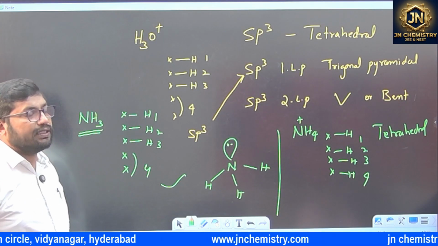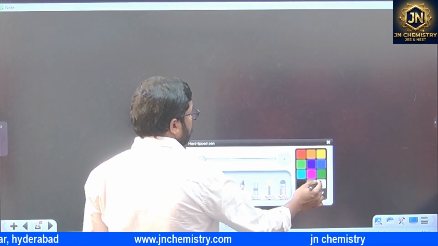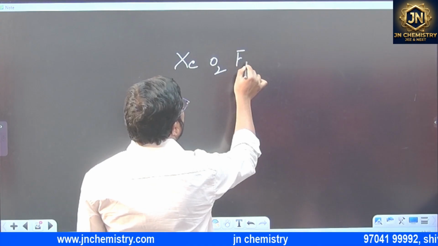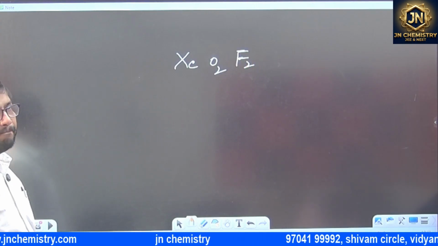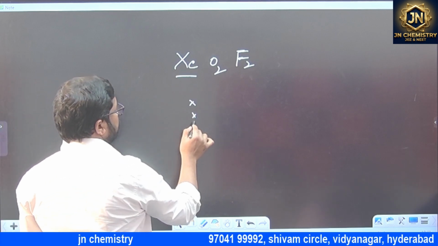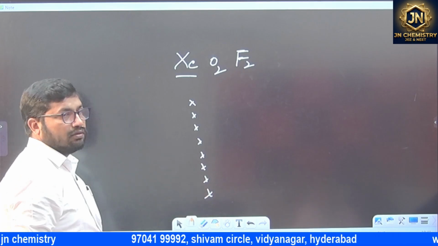But one exception is there. In case of oxygens, for example, XeO2F2, for example, this is a molecule. So what is the central atom here? Xe. Xe means 8th group. 1, 2, 3, 4, 5, 6, 7, 8. Right?